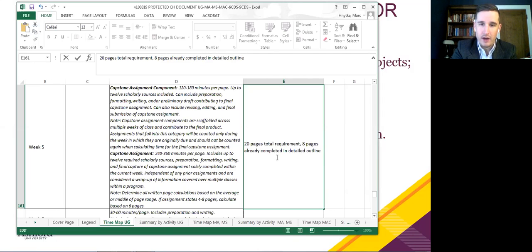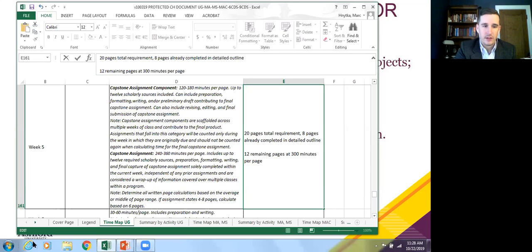So then you would count, and also here we can use Alt-Enter to give ourselves spaces in the cell. So it would be 12 remaining pages at 300 minutes per page.